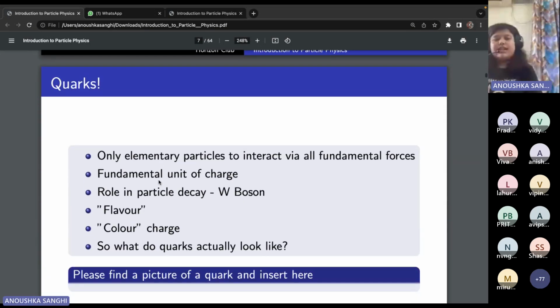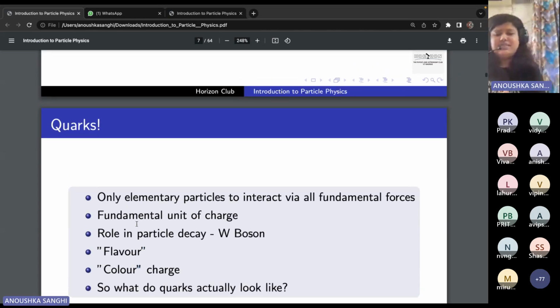As I told you, quarks are the smallest fundamental unit, and there are also things called flavor and color. It might remind you of some favorite dish. Why is it called quark? There is another story, and we'll look at each and everything. Yes, quarks are the only fundamental particles.